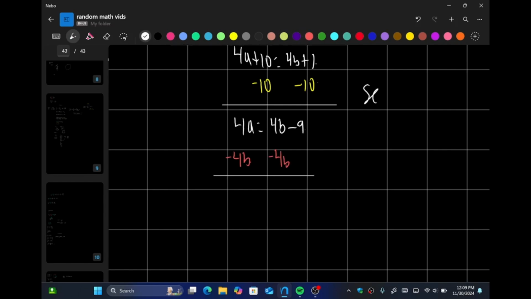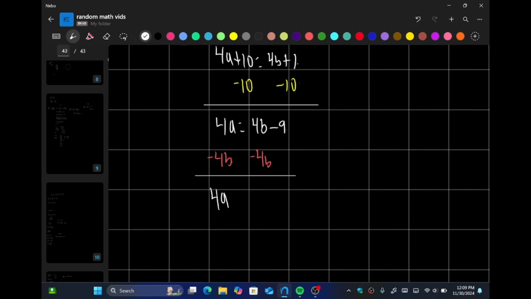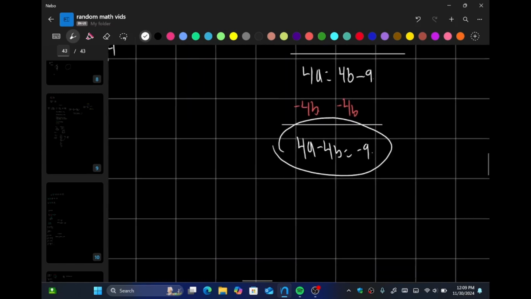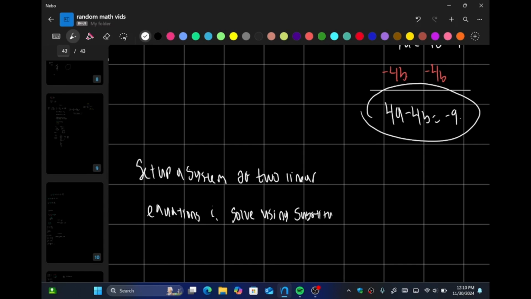So now we're going to set this up as a system of equations, and solve using maybe substitution or elimination.